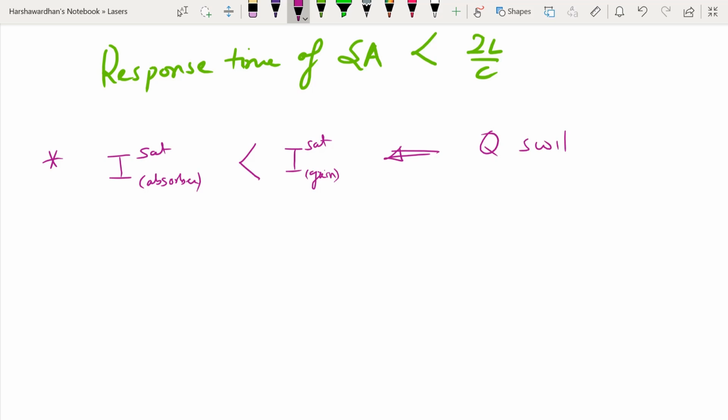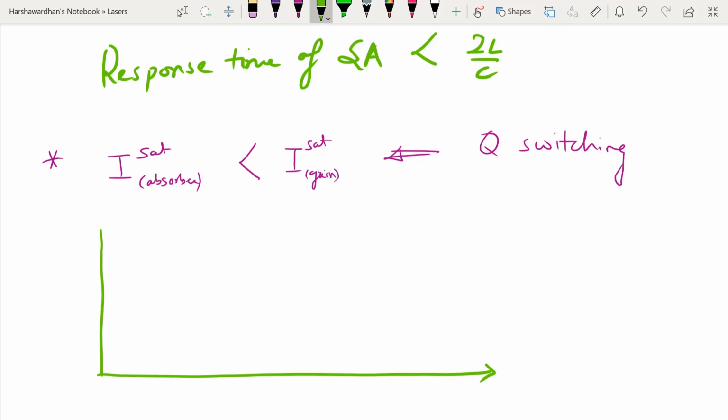Of course, this is a requirement for Q switching. Obviously, this requirement can be relaxed when we're looking at mode locking. In mode locking, a larger value of the I saturation of the absorber will actually work. And when you put in an absorber, you would get pulses which are both Q switched as well as mode locked. So what you get is a series of pulses.